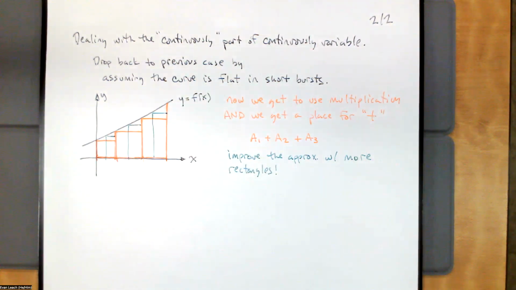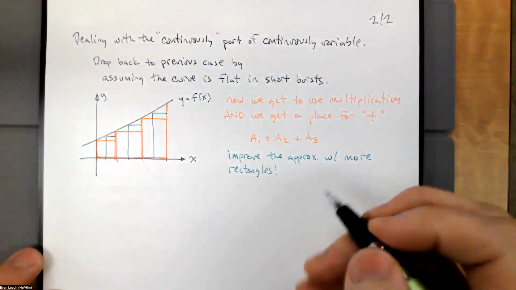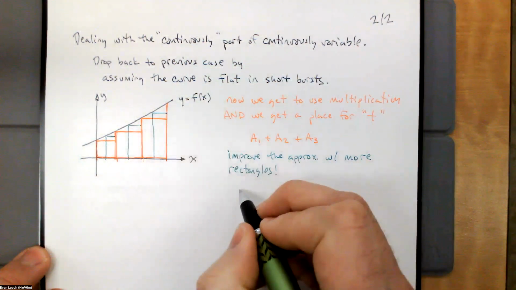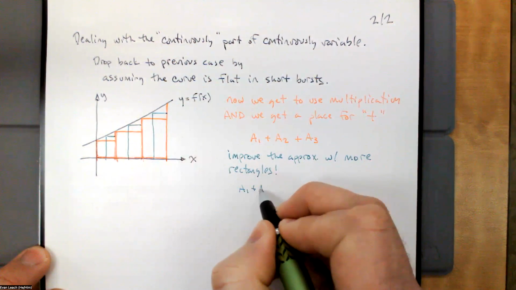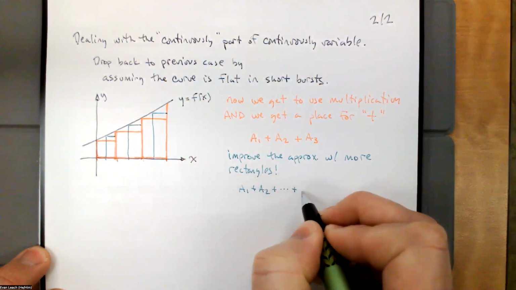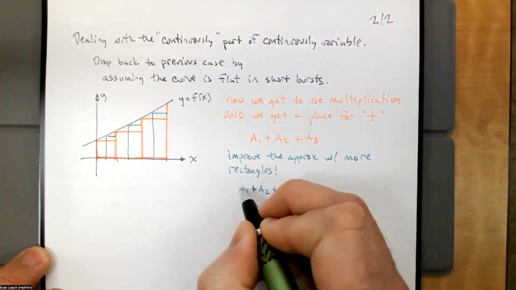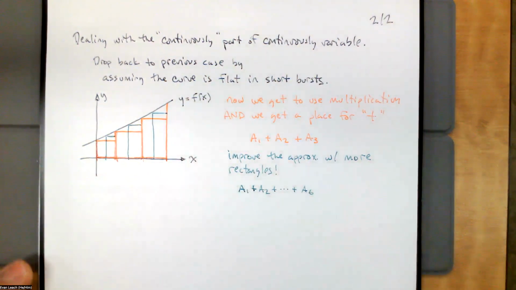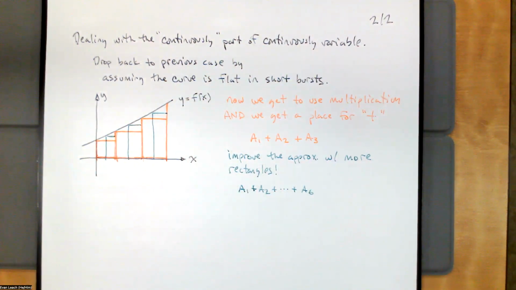Now I have 6 of these rectangles, and we've cut away at some of the missing areas. So I'd have A1, A2, all the way up to A6. And we've chipped away at some of our overestimate and included it in our estimate.